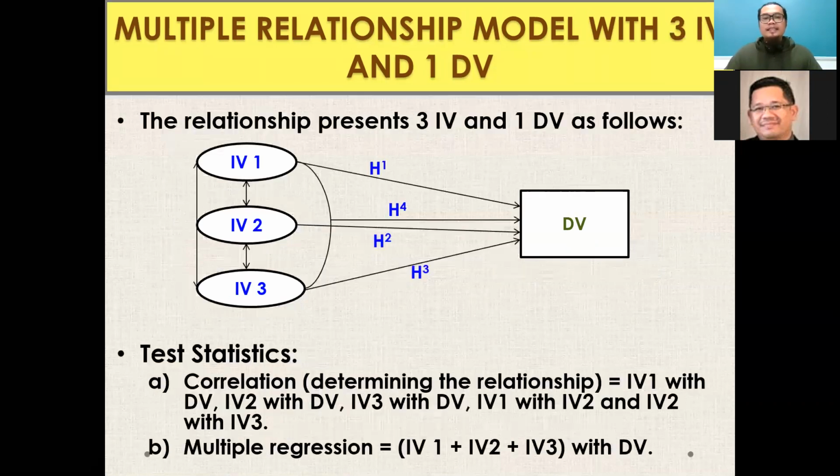We go to another example with 3 IV and 1 DV. The relationship presents 3 IV and 1 DV as follows. We can see the relationships among the independent variables and their direct effects towards the dependent variable. So correlation determines the relationship of IV1 with DV, IV2 with DV, IV3 with DV.